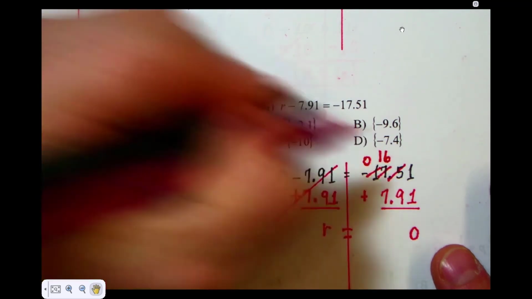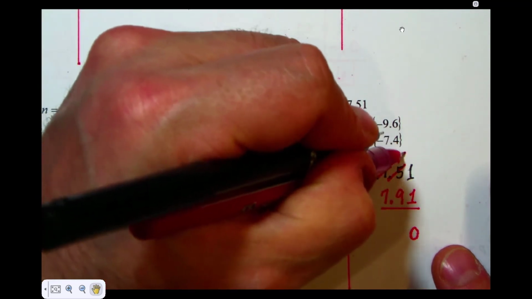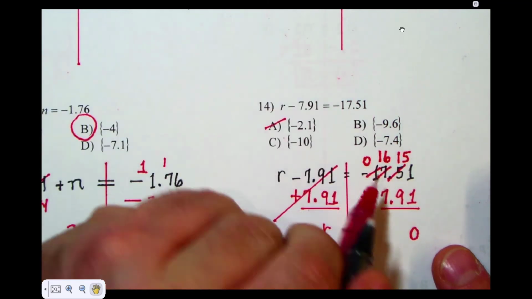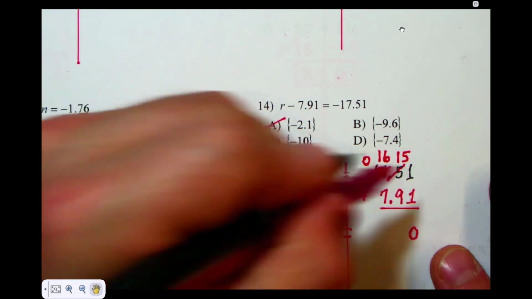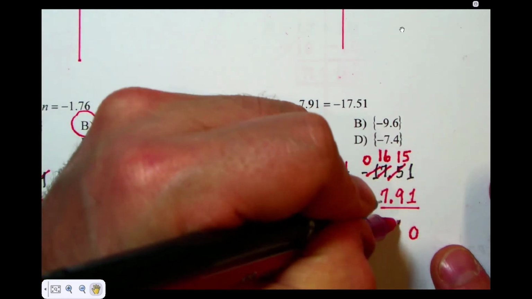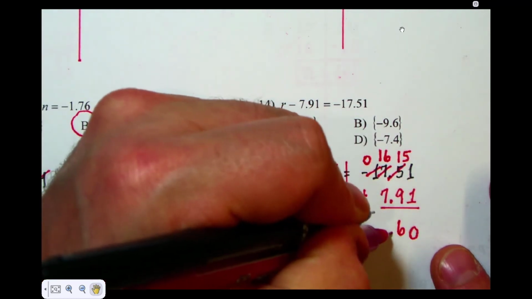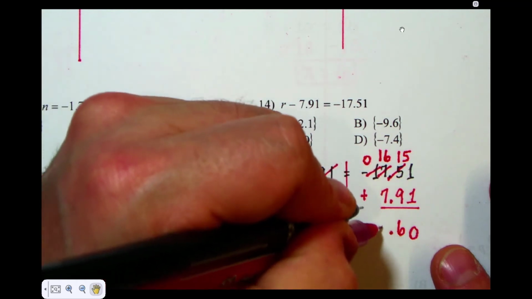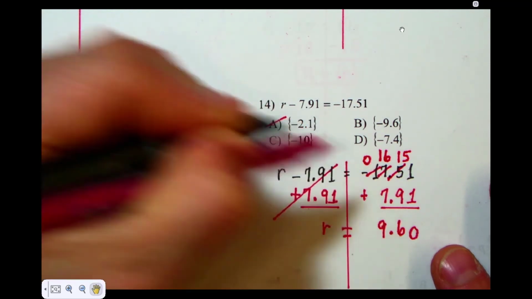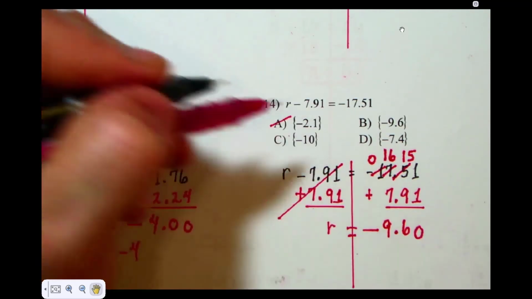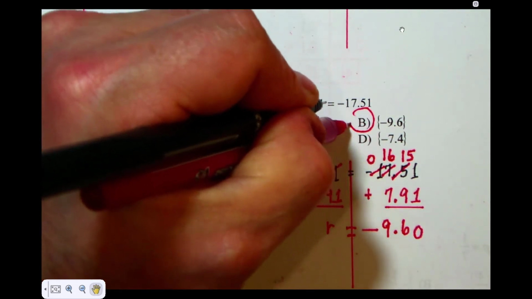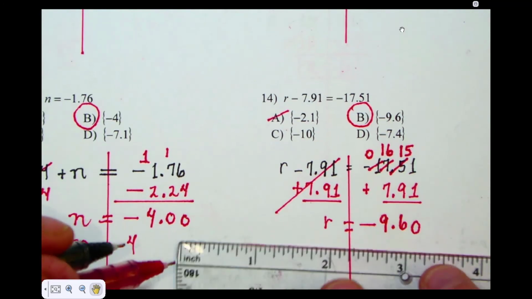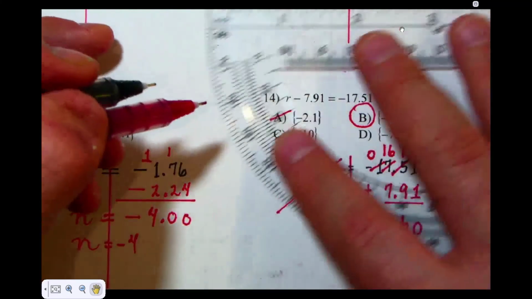And then you make this a 15. So you add 9 to the 7 and you add 10 to the 5. Now, 15 minus 9 is 6. 16 minus 7 is 9. So, final answer, negative 9.6, ladies and gentlemen.